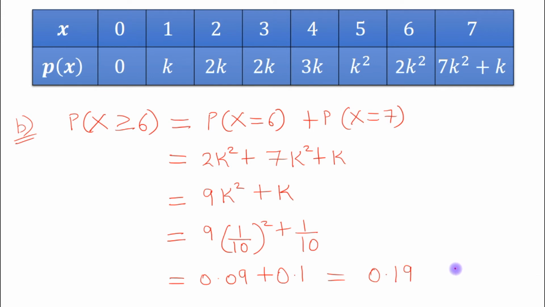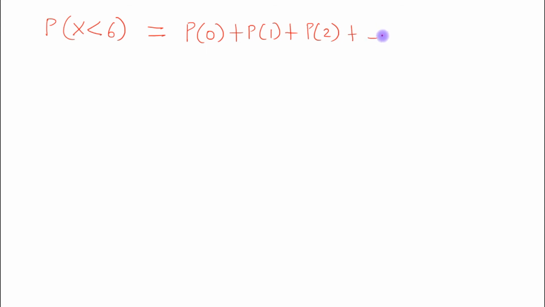Now, probability of x less than 6 will be calculated in the same way as p0 plus p1 plus p2 and so on till p5, because it has been written x less than 6. So I think that you can solve it further.